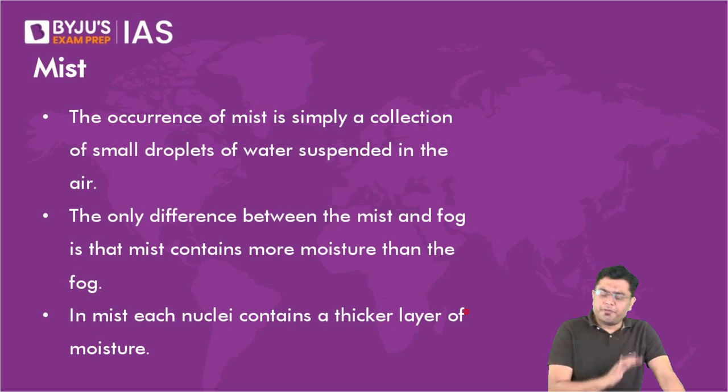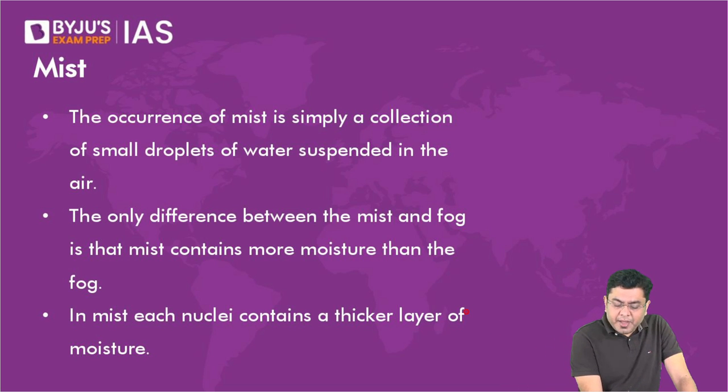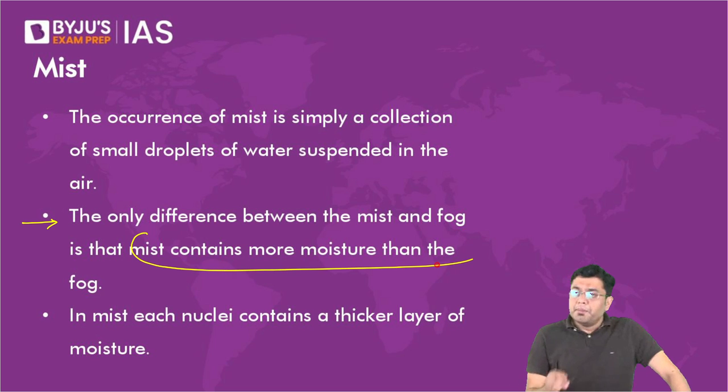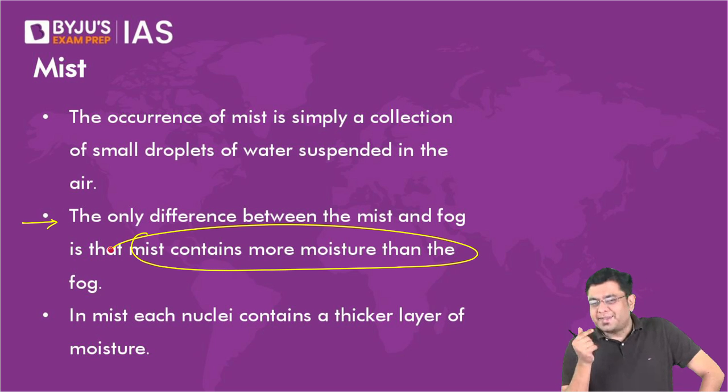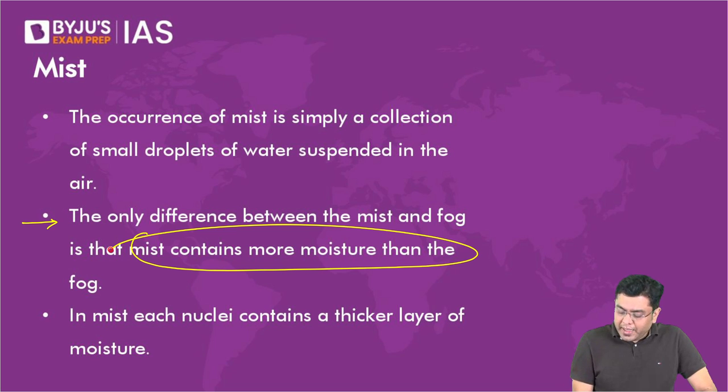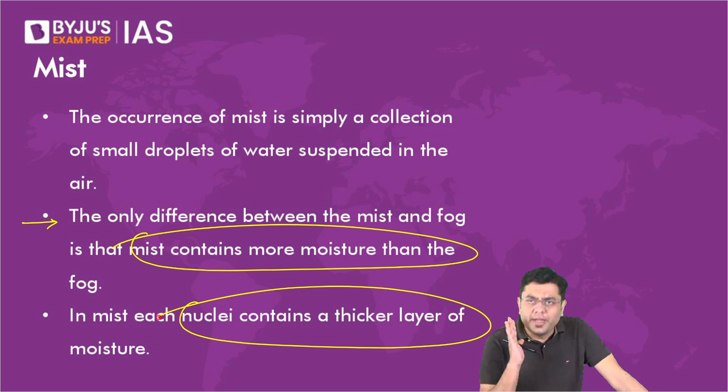The only difference is that mist contains more moisture as compared to fog. Why? Because in each of the condensates, the nuclei contain a thicker layer of moisture. That is the only difference. Otherwise, both are a type of condensation near the ground surface.